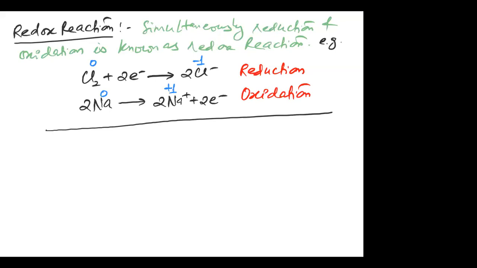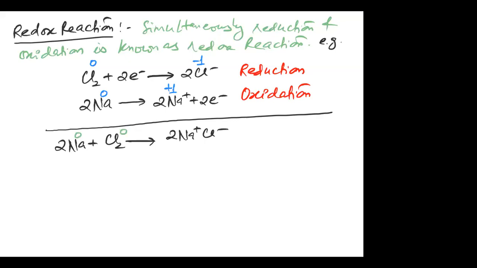If we add both reactions, you will get 2Na plus Cl2 giving 2Na+Cl-, in which the oxidation number of sodium increases from 0 to +1, and for chlorine it decreases from 0 to -1.